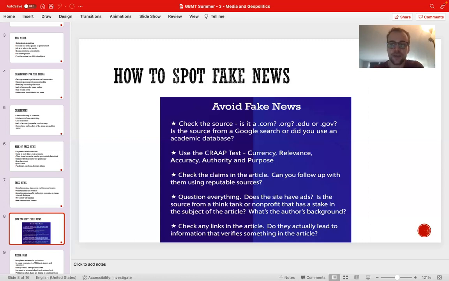You might also wish to see whether the information you're receiving is coming from a nonprofit or a think tank, which has a particular political objective. For example, an American libertarian or pro-free market think tank, as they're often called, might produce articles that discuss the misuse or misappropriation of tax dollars or public funds or any large public project as a way to delegitimize state spending, or even philosophically delegitimize the systems of taxation by the government.